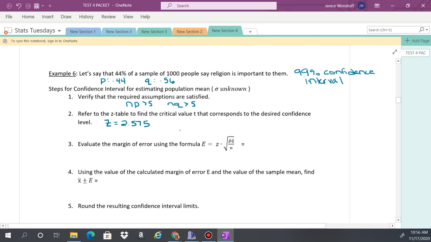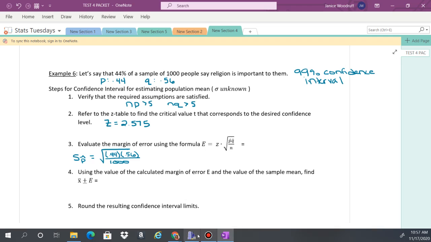So the margin of error formula is going to be Z times the standard deviation of the proportion. Okay, so we need to find the standard deviation of the proportion using this formula here. So the standard deviation of my proportion is going to be given to me using the square root of P times Q, so 0.44 times 0.56 over sample size, 1,000.